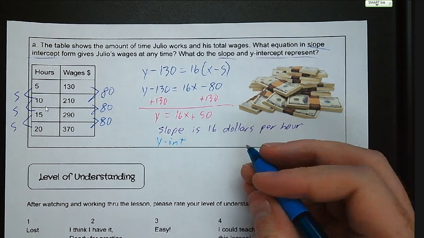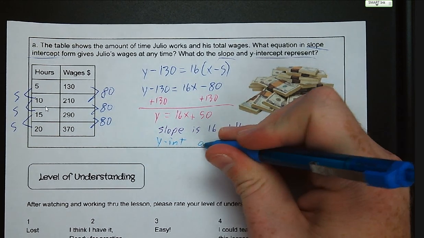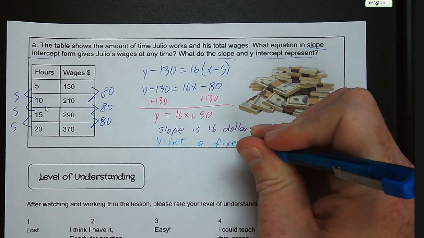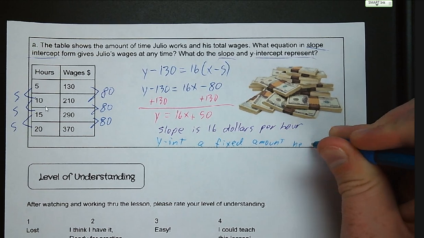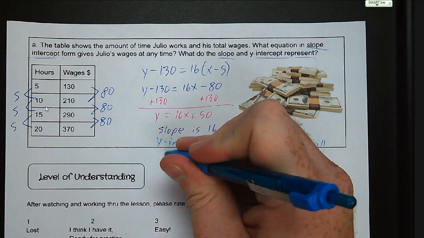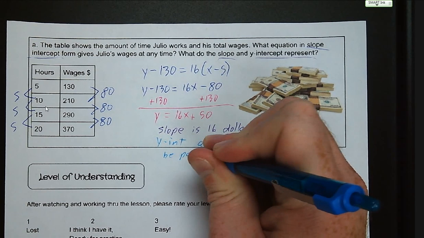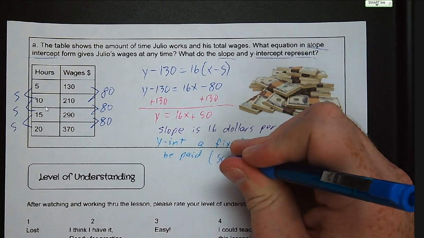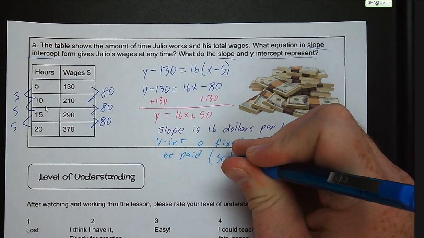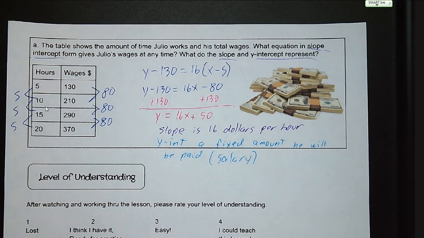So we could say a fixed amount he will be paid. So this could be like some kind of salary. All right, so he gets paid a fixed amount per week no matter what, and then he gets more based on the amount of work that he does that week, how many hours he works.